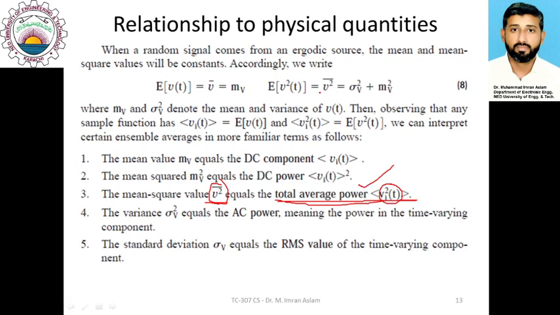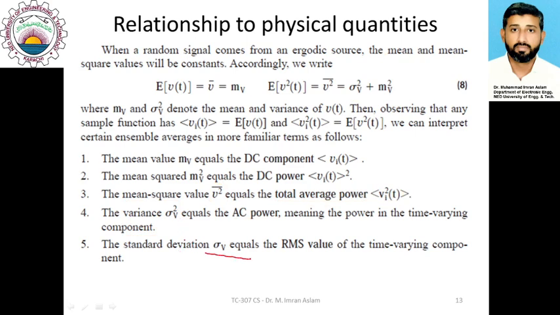You can see from here, this is the total power, V square t, this is the DC power, and of course you can easily see that this sigma v square is the AC power. So this variance sigma v square gives you the total AC power in the signal. Whatever power is there in the time varying components is represented by the variance of the random process.